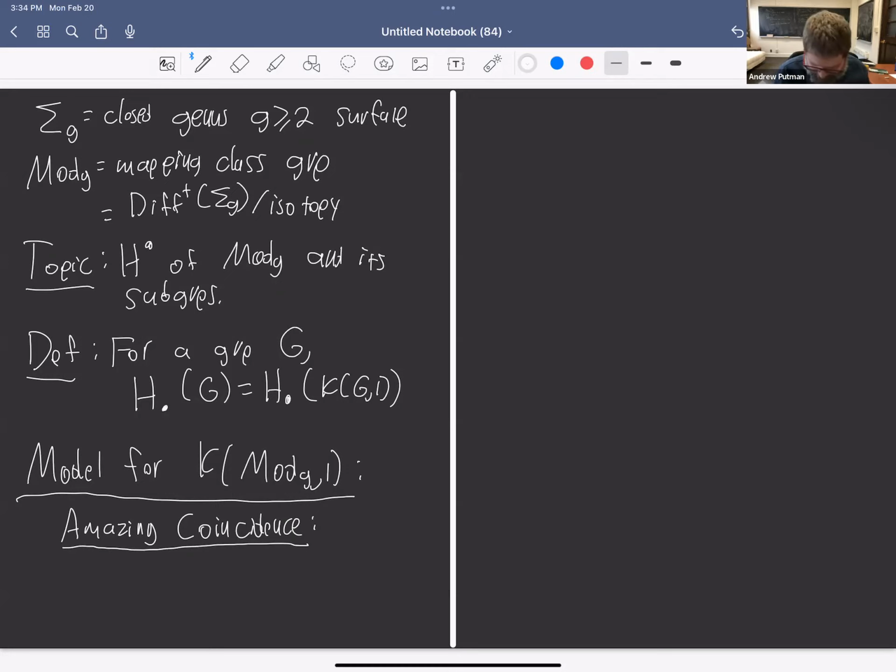So the following structures on the surface Sigma_g are the same. I'm going to give you several of them. The first one would be a conformal structure.